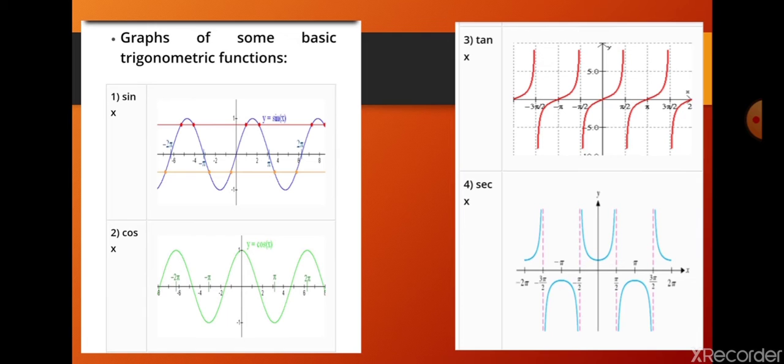Here, cos x decreases from 1 to 0 in the interval of 0 to pi by 2 and then further decreases from 0 to minus 1 in the interval of pi by 2 to pi.